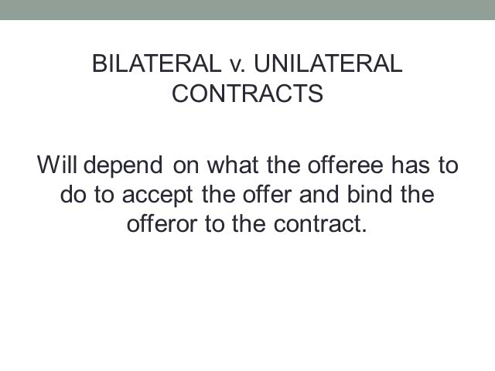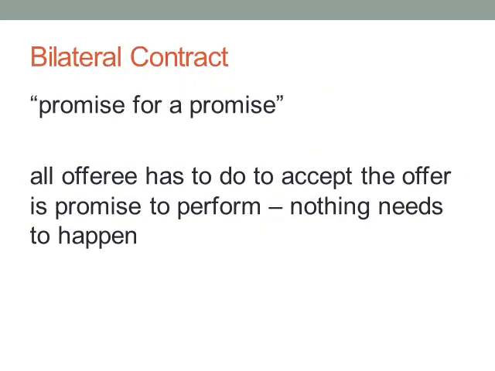The offerer is also the one making the promise to do or not to do something. Okay, so the determination of whether a contract's bilateral or unilateral is going to depend on what the offeree has to do to accept the offer and bind the offerer to the contract. And this is what most contracts are, bilateral.